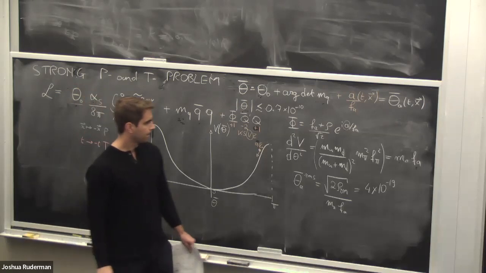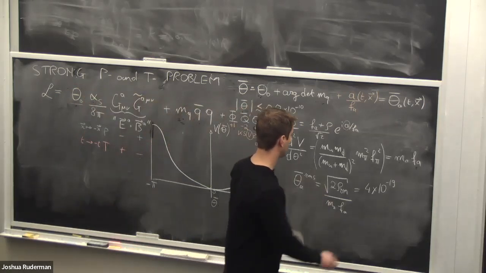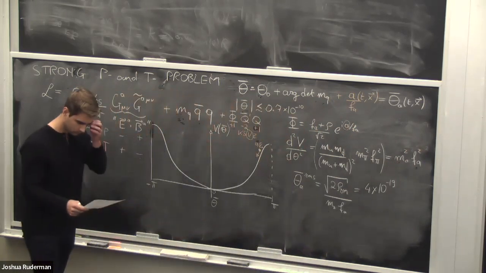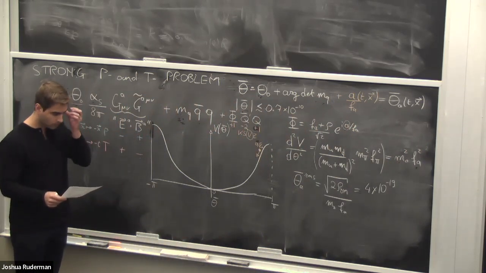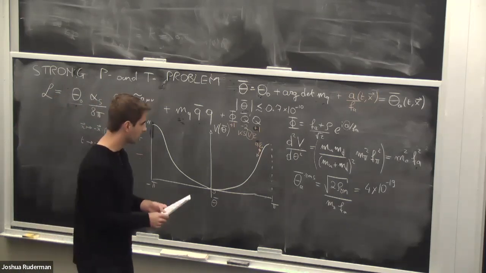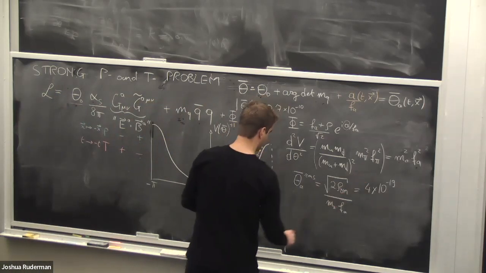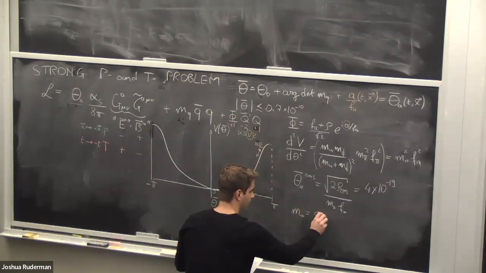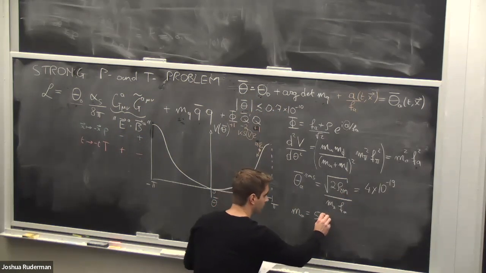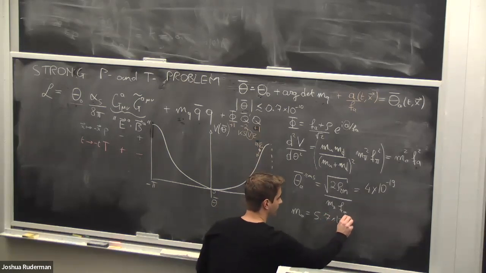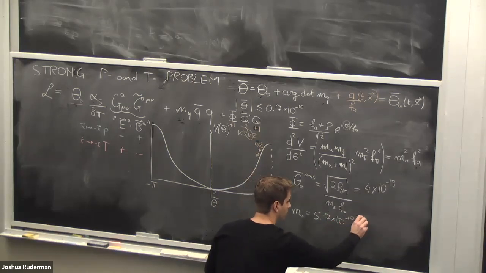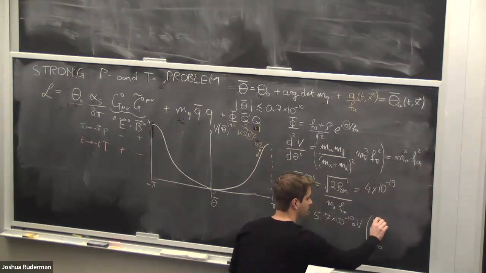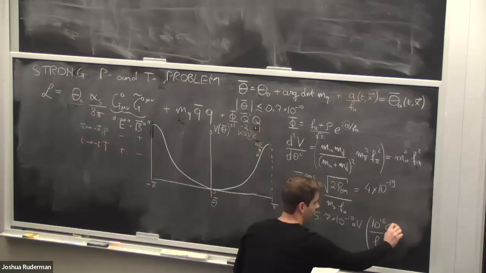Square, right? Where? MA squared, FA squared. Yeah, MA squared. And so this relation here would imply that the mass of this axion field is 5.7 times 10 to the minus 10 eV if this axion decay constant is close to the scale of grand unification.